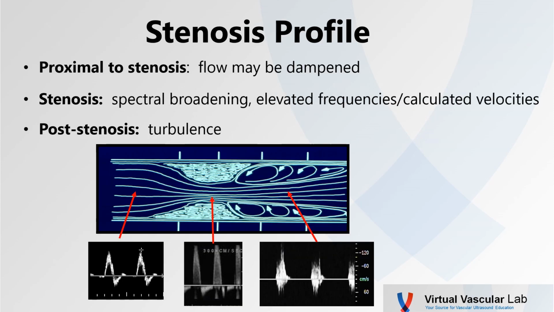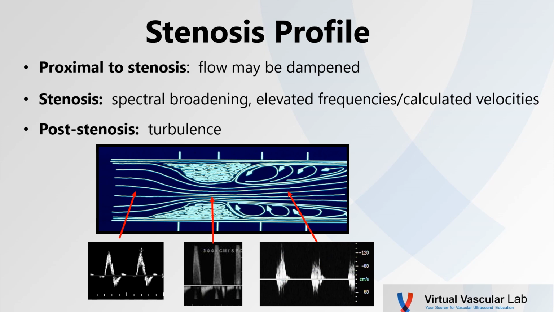So in order to determine if hemodynamically significant stenosis is present, you have to document what we term the stenosis profile. That is, proximal to the stenosis, flow may be dampened depending on its severity and how close to that stenosis you're taking your sample from.